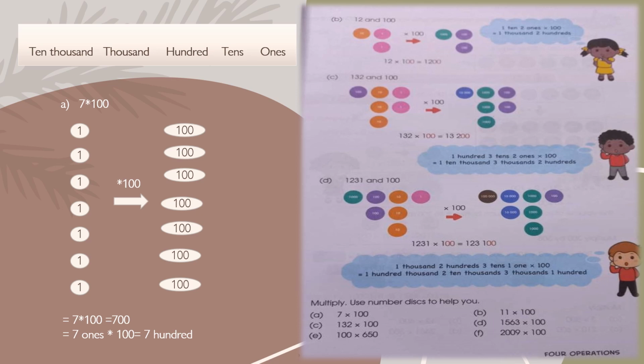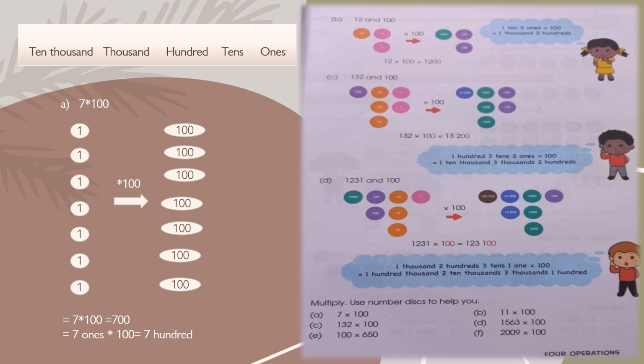In part D, we have to multiply 1231 and 100. 1231 means that we have 1 one, 3 tens, 2 hundreds and 1000. Here, when 1000 gets multiplied with 100, it becomes 100,000.